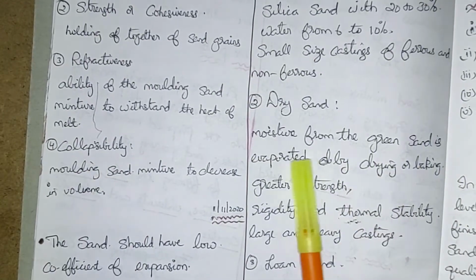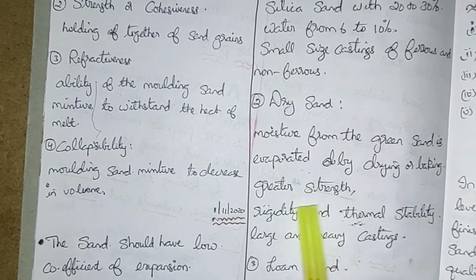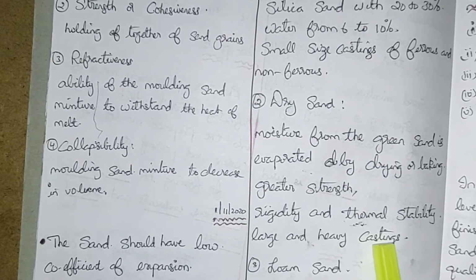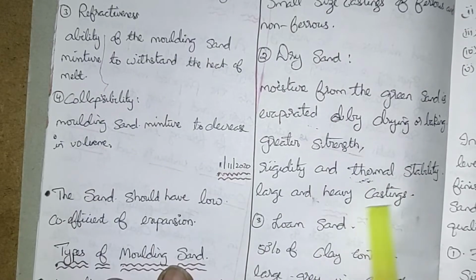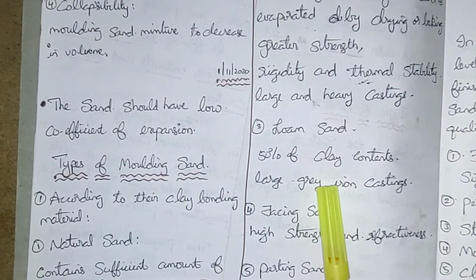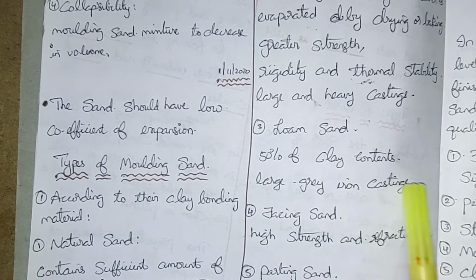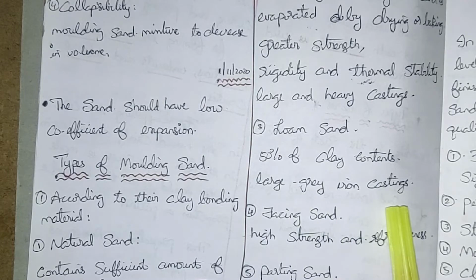Next, dry sand. Moisture from the green sand is evaporated by drying or baking. It has greater strength, rigidity and thermal stability, and is used for large and heavy castings. Loam sand contains 50% clay and is used for large grey iron castings.